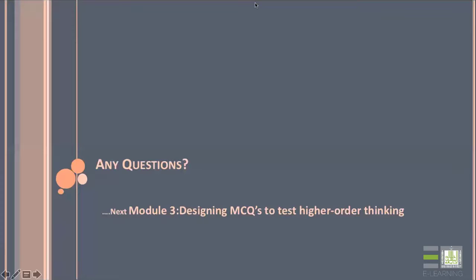So they find all of the above questions quite easy, and none of the above questions difficult. But I would suggest avoiding these two, because you can't really tell if the student really knows the answer or is just selecting one of those options because they've guessed.